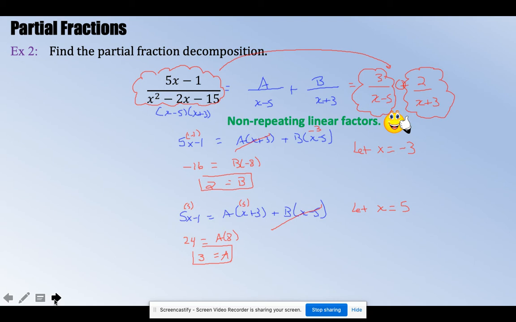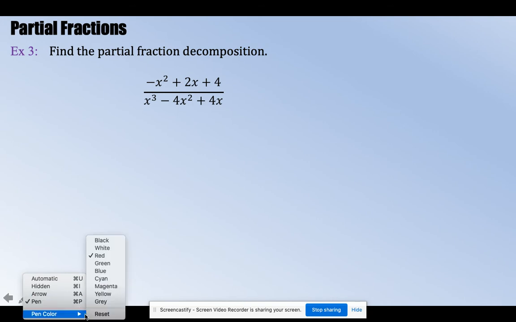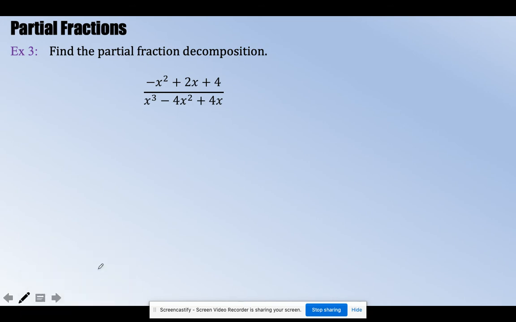So what happens when I don't? Step 1, factor. Ooh, that's not an irreducible quadratic.